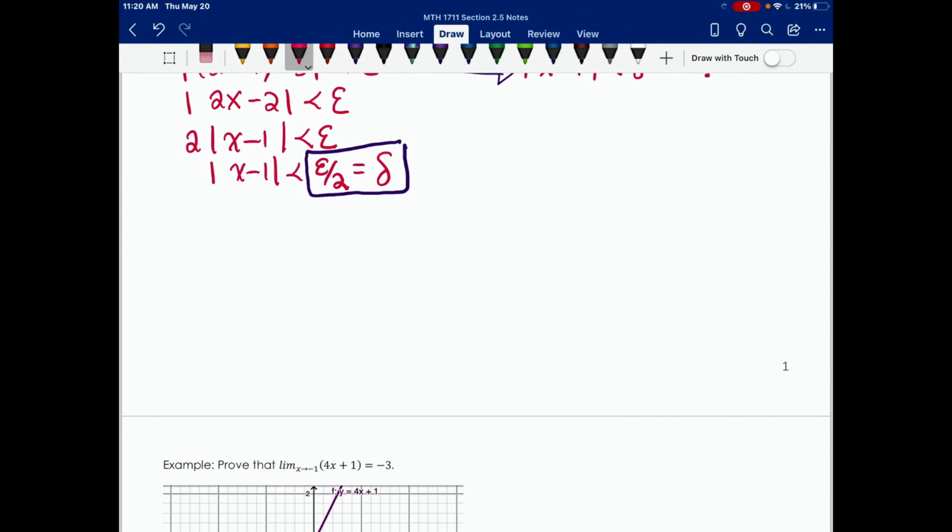So when you write an epsilon delta proof, let me label this as proof first. This is our formal proof.